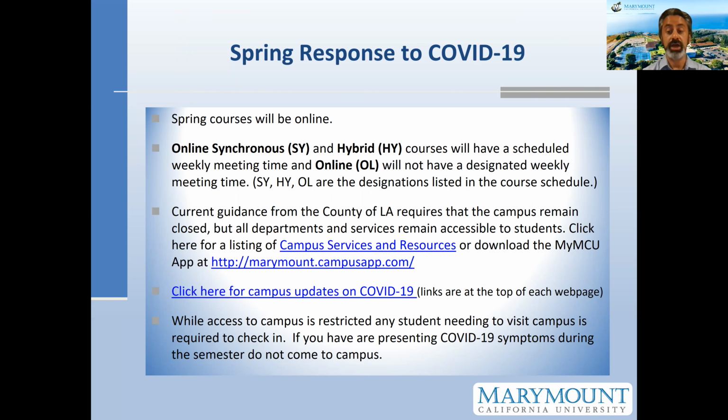We do have at the top of each web page a link for COVID-19, a campus response to that. So make sure you check that out on a regular basis. We do push out information via email on a regular basis of any new developments. So be sure to know where to find that.